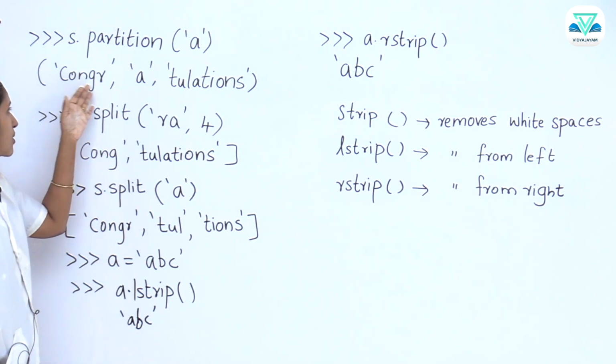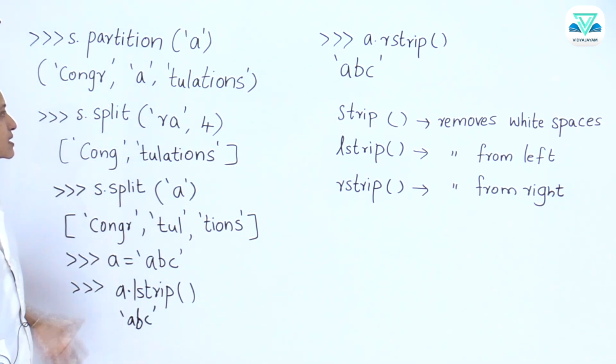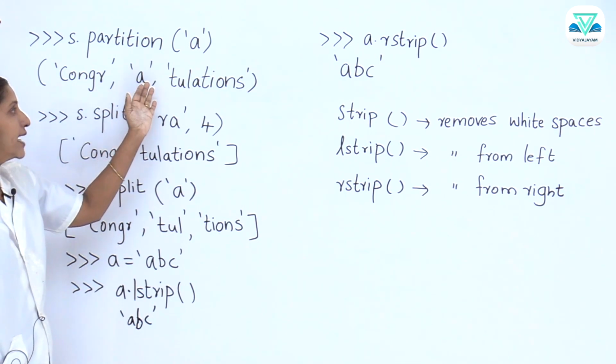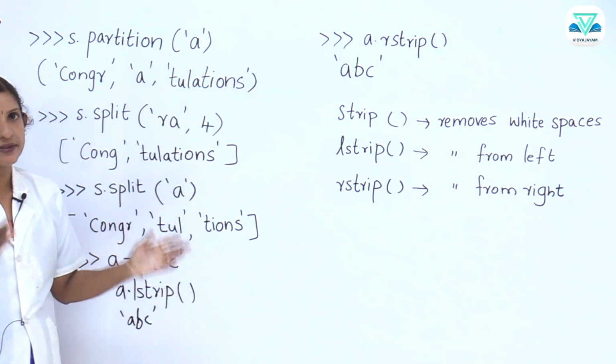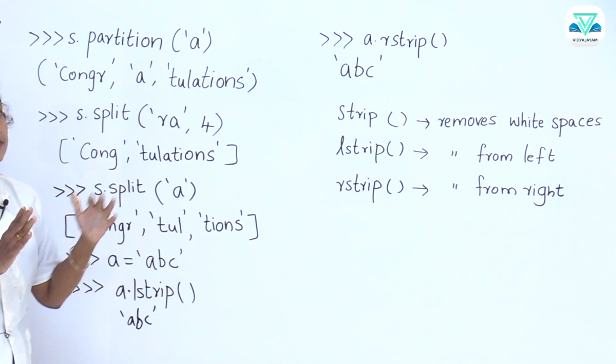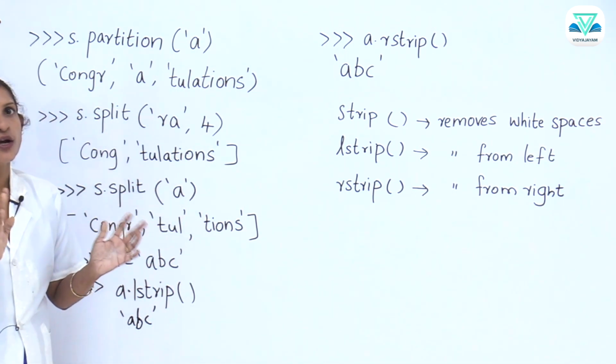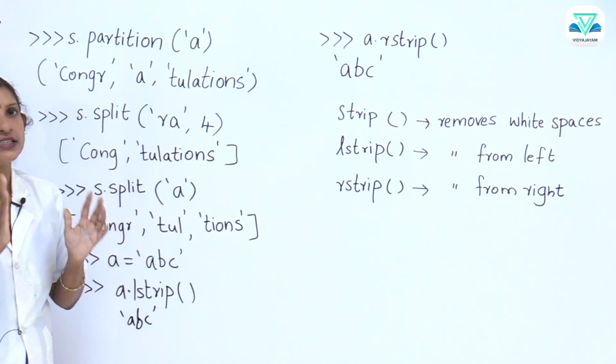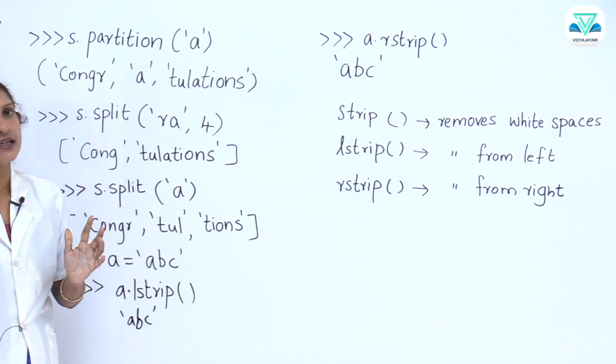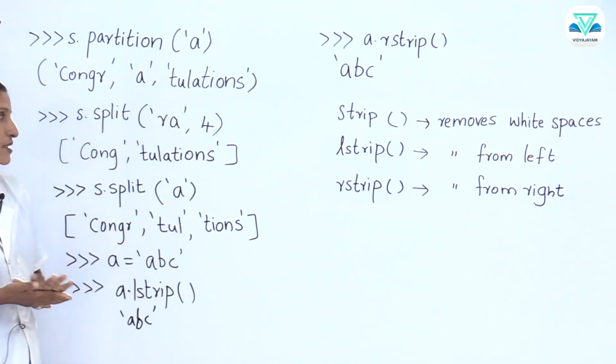We could see CONGR, and then we could see A coming here separately, and the rest of the letters will be coming together combined if it is a single word. If it is a sentence, it will appear as such. Only the first time wherever that letter comes will be taken and it will be split.